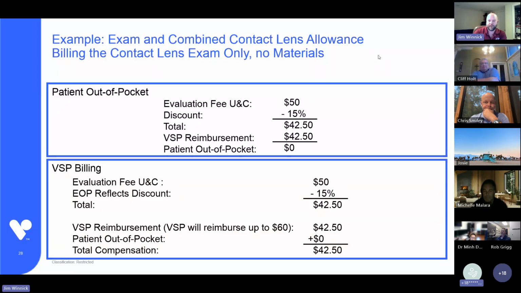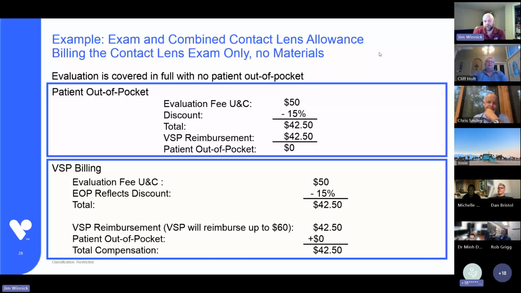Which means that if I do that for the patient, the evaluation is covered in full with no patient out-of-pocket cost. Well, that's good. But if the patient then goes to purchase materials elsewhere, VSP will actually deduct the full $60 from their allowance. So they actually lose some money.